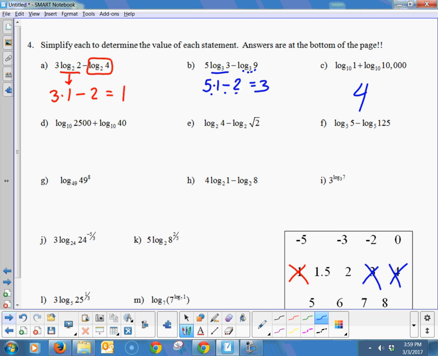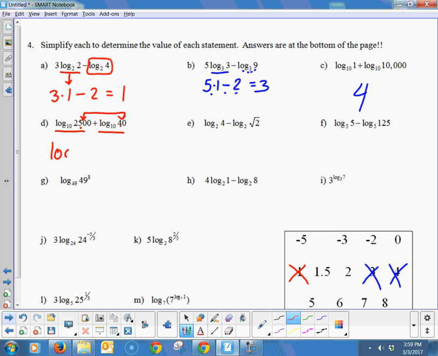Ooh, this one's a little weird. D's a little weird. Because I don't know 10 to what power is 2,500, or 10 to what power is 40, but I do know this. If you have a log base 10 plus another log base 10, you can multiply those guys. You can go 40 times 2,500.